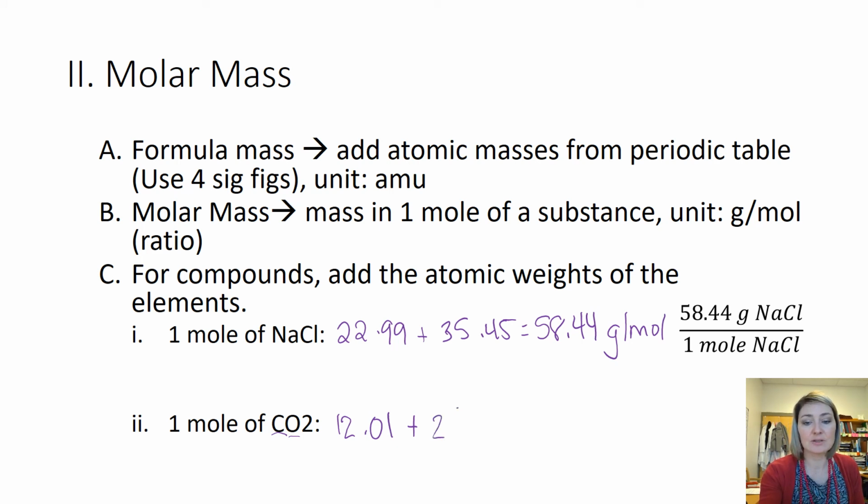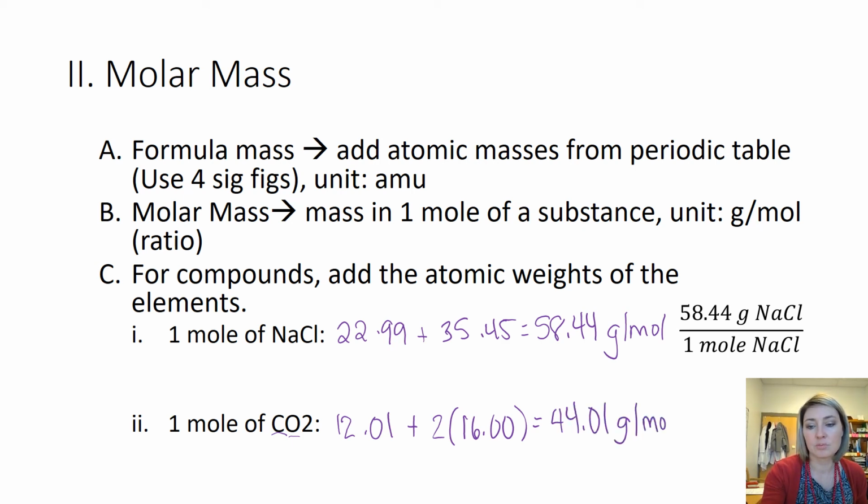I like to multiply. It seems like less steps. So 2 times the mass of oxygen, according to our periodic table, is 16.00. And 2 times 16 is 32 plus 12.01 gives us a total of 44.01 grams per mole. So this is saying I have 44.01 grams of CO2 per 1 mole of CO2.